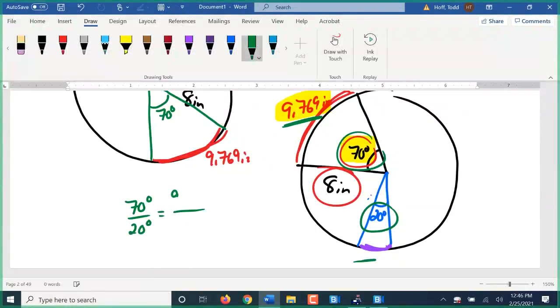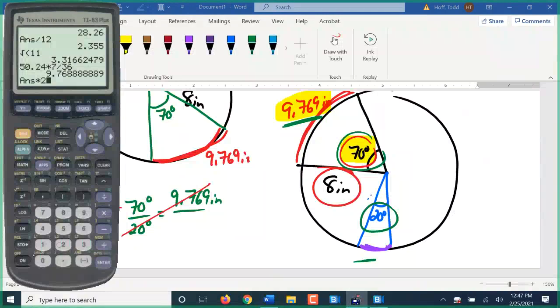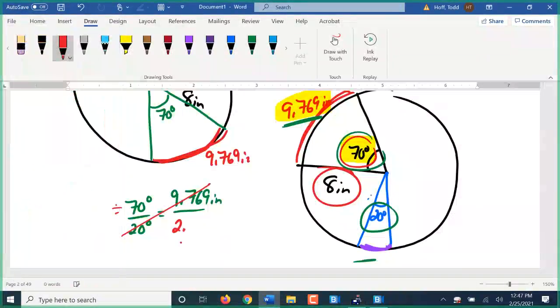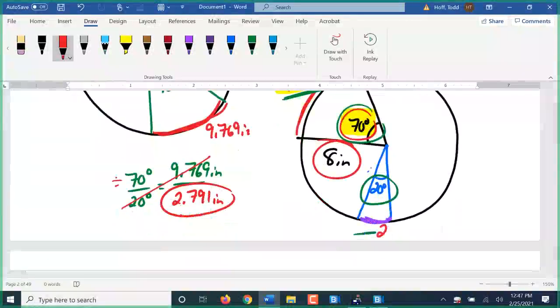The 70 degrees was 9.769 inches long. We can cross multiply and divide: 9.769 inches times 20 degrees divided by 70 degrees gives us 2.791 inches for this arc. So the ratio of the central angles tells us everything we need to know about that arc.